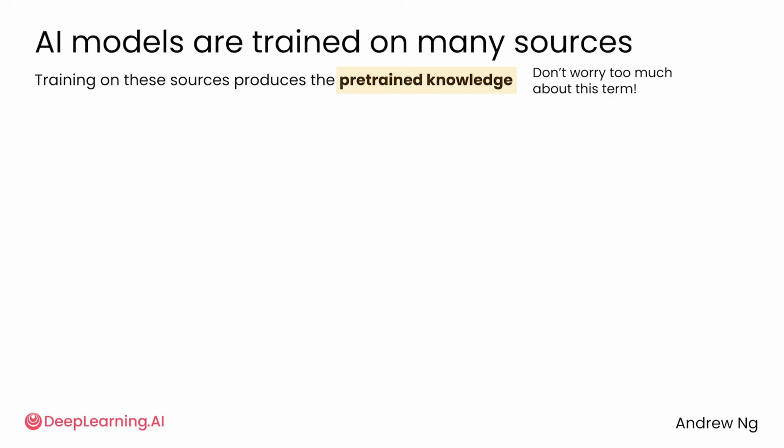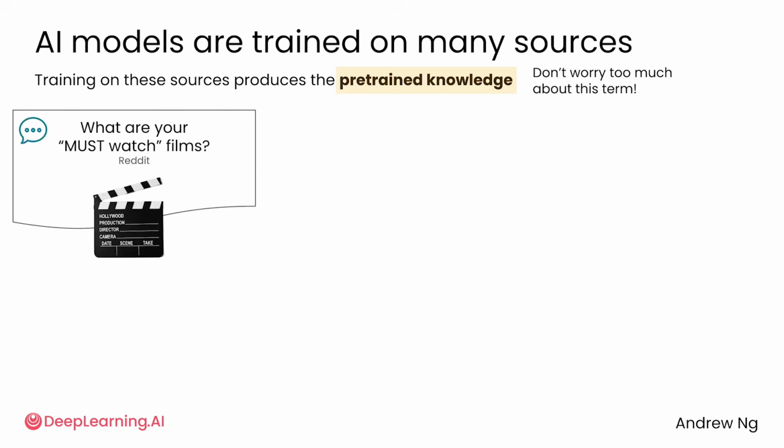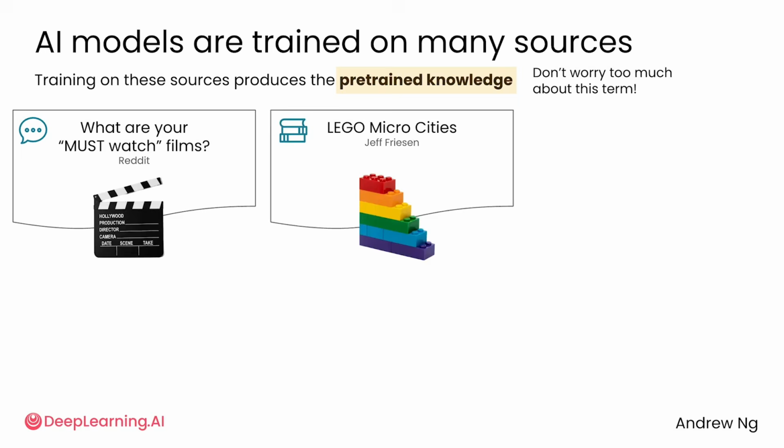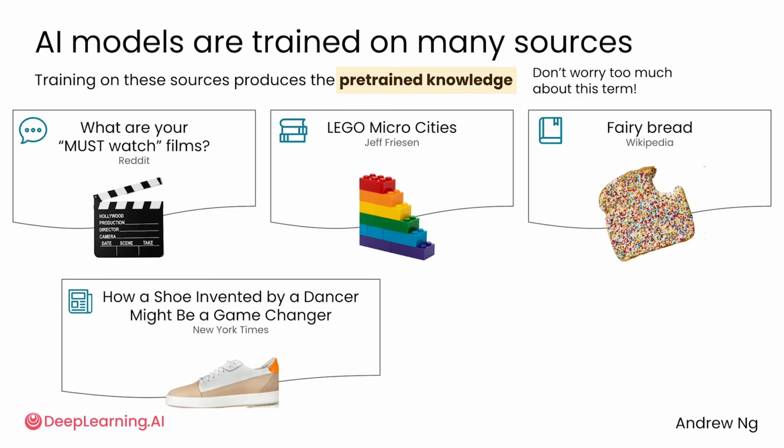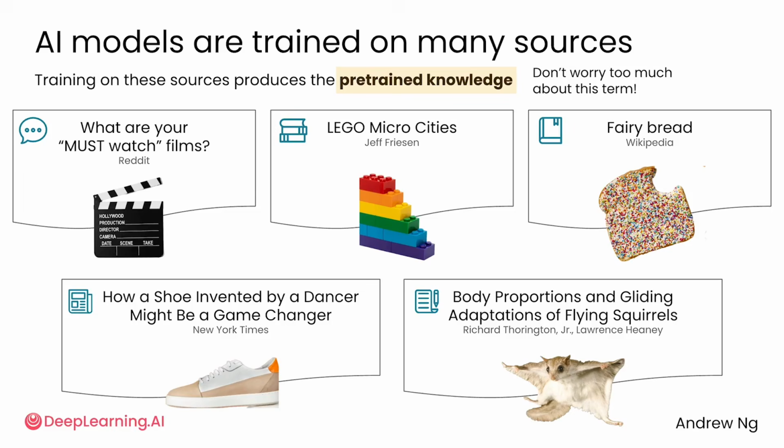But these knowledge sources may include a lot of text from social media like Reddit, which will have answers to questions like, what are your must-watch films? Or it may have read a book on Lego micro cities, or read a Wikipedia article on fairy bread and lots of other things, or read a bunch of news articles, as well as a lot of research articles.